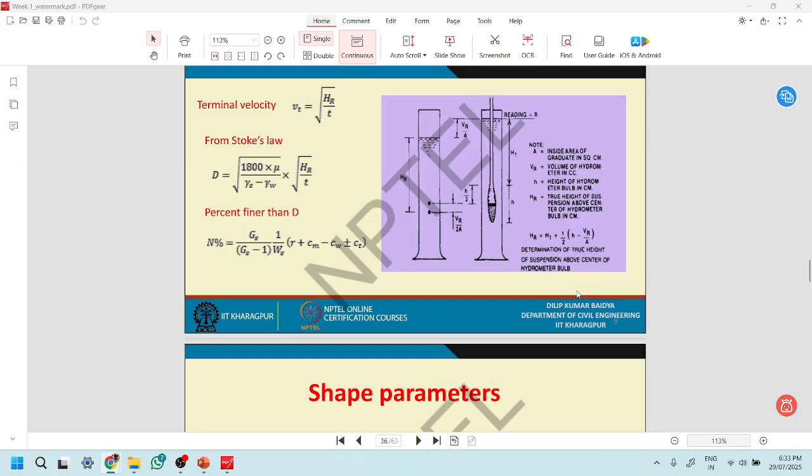So in the hydrometer test, I'll just tell you the principle.